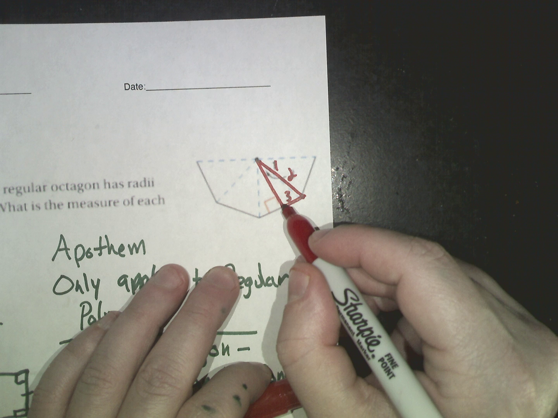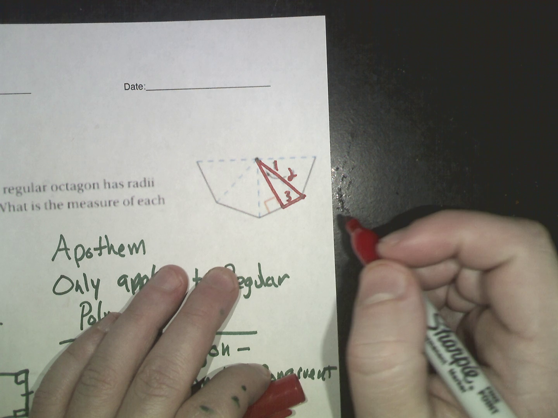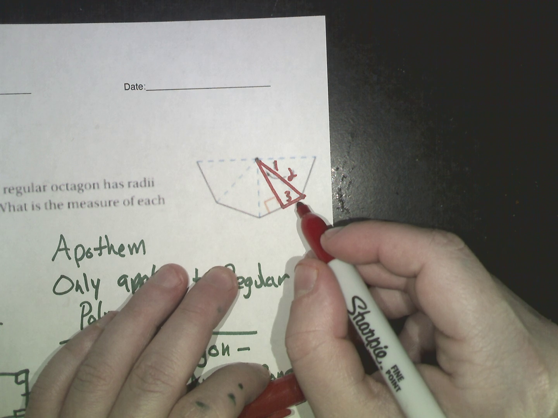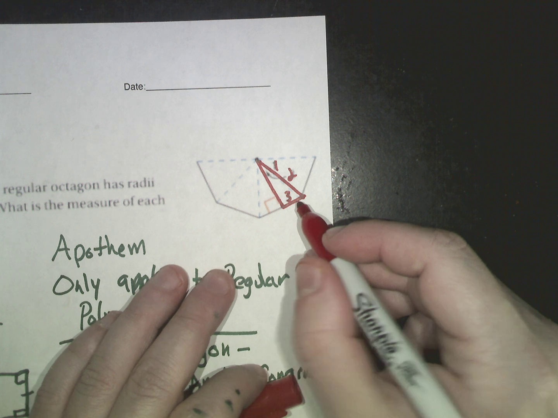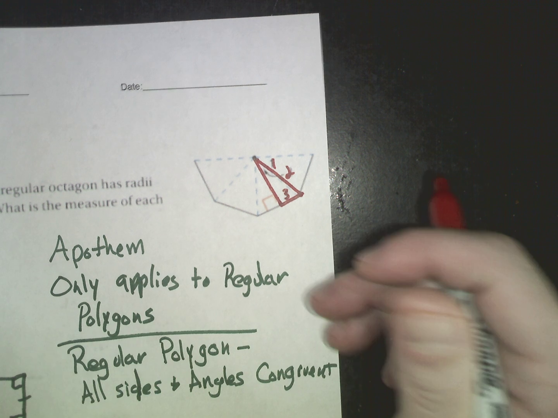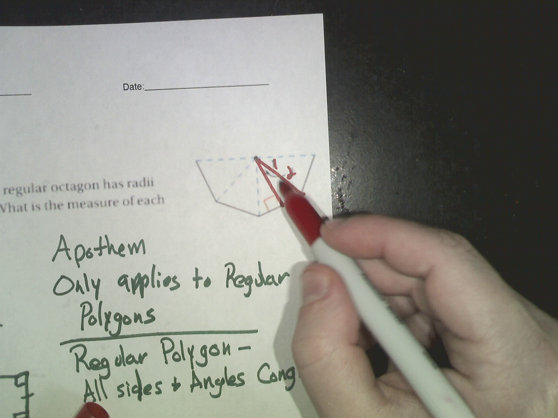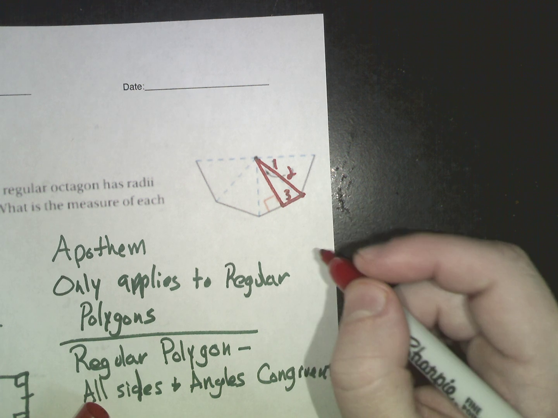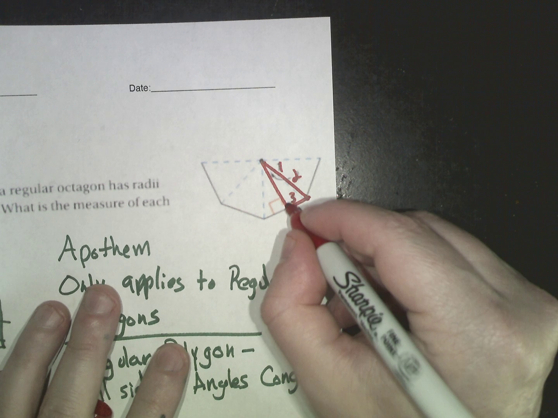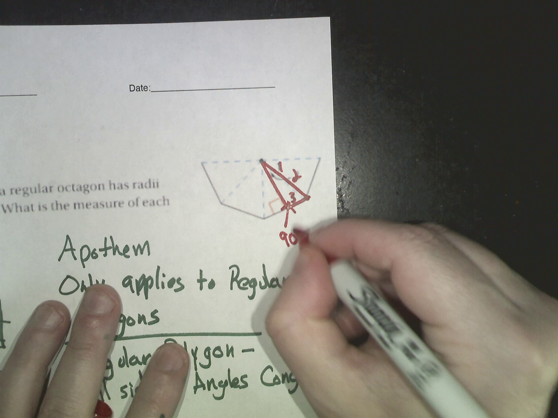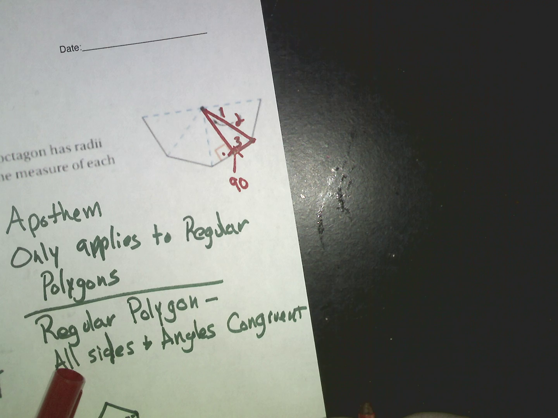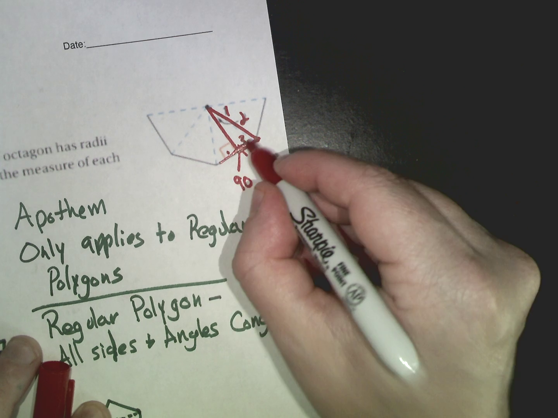Now, angle 3, that's going to be hard. Or not. Let's think about this. First thing I know is this right angle, which I think might be angle 3, is 90 degrees, because if this is 90 degrees and that's 90 degrees, they're both on the same straight line.